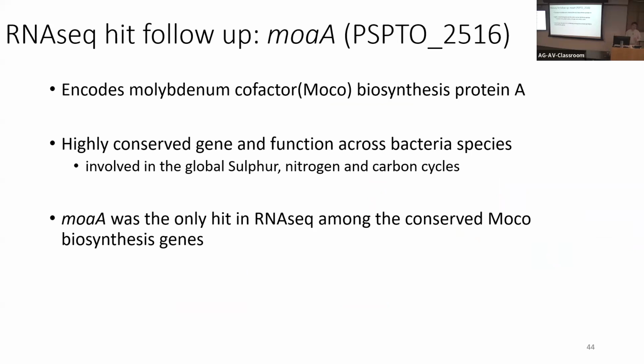They're involved in redox enzymes, and also those are involved in global sulfur, nitrogen, and carbon cycles. Additionally, MOA was the only hit among all the RNA-seq data we have within all the genes that are linked to molybdenum cofactor function.